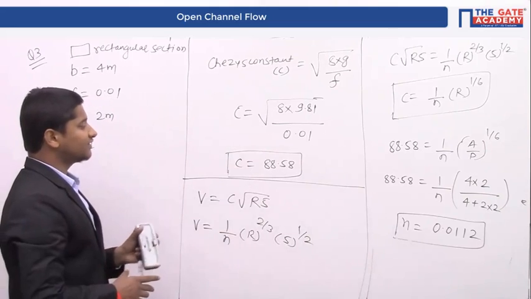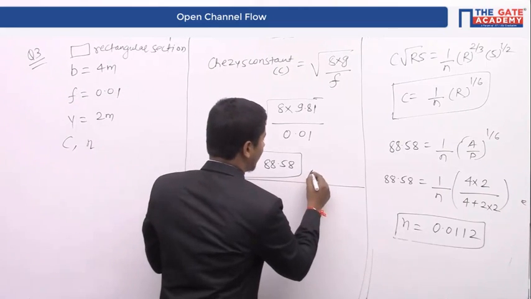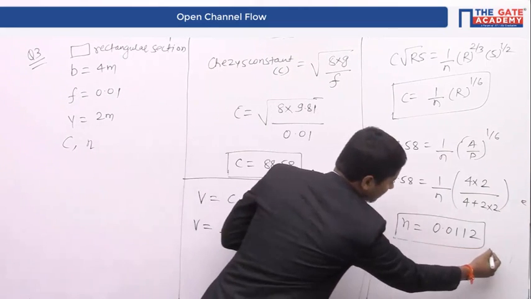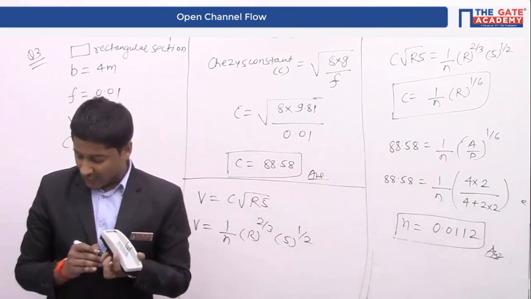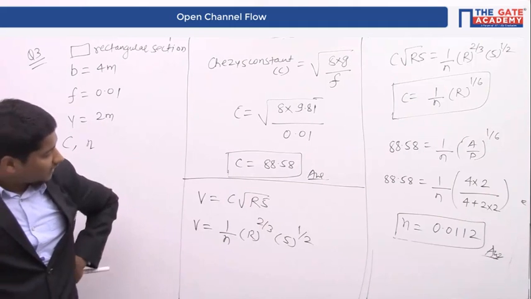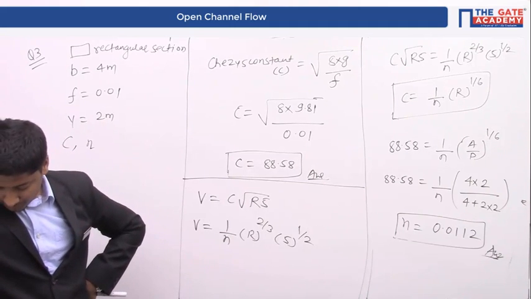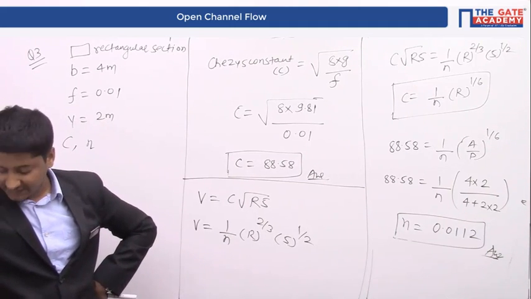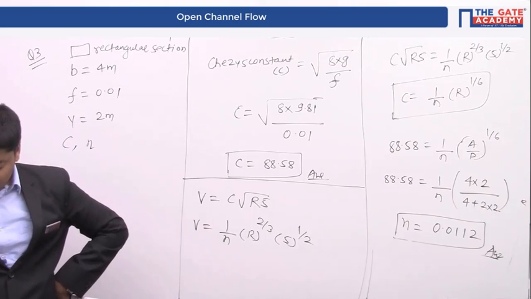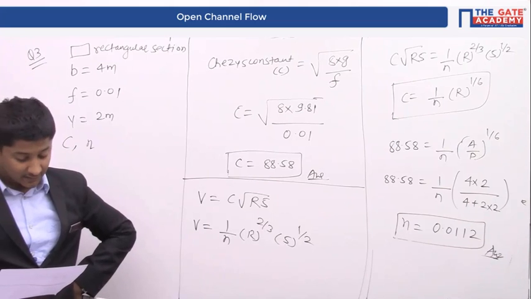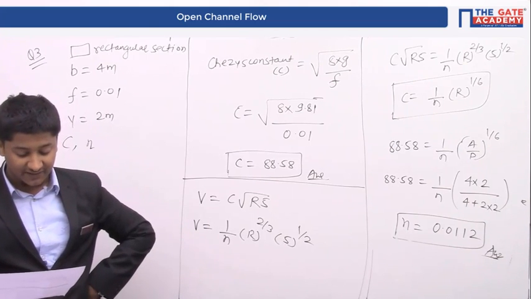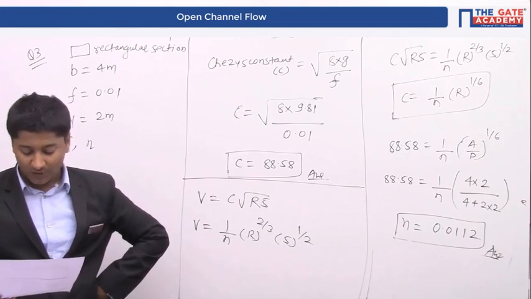So as you get to know, C will be 88.58, that is your first answer, and this is your second answer. So please look at the option part that you have. If you check option C, in that it is given that C equal to 88.58, that is Chezy's constant, and Manning's constant is given as 0.0112.